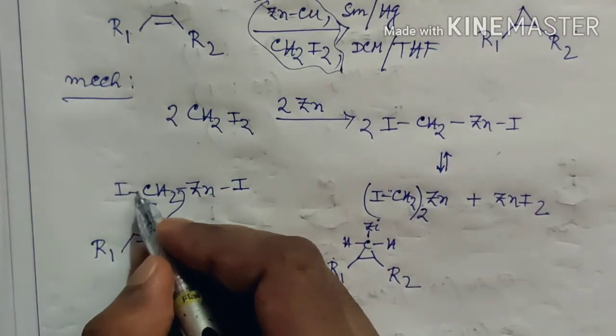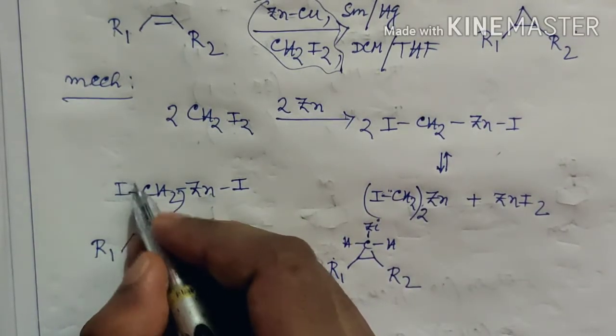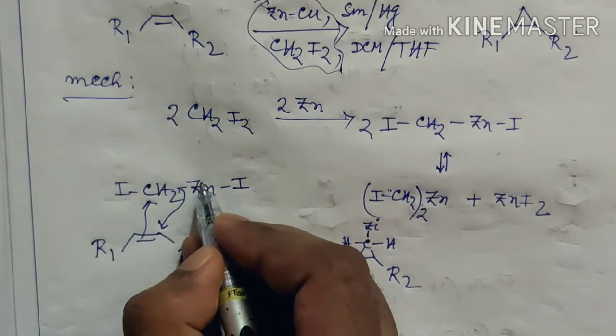And here it will liberate iodide, and iodide will form a bond with zinc.